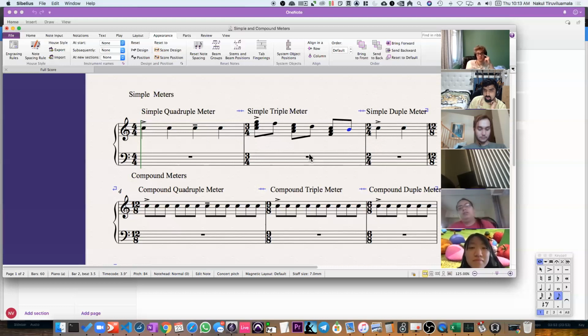The analysis wouldn't work. In this particular case, the most suitable analysis would be that this subdivision is more important than this subdivision, a stronger beat than this beat, and this beat is stronger than this beat. So it's context dependent. That's the thing about rhythm.